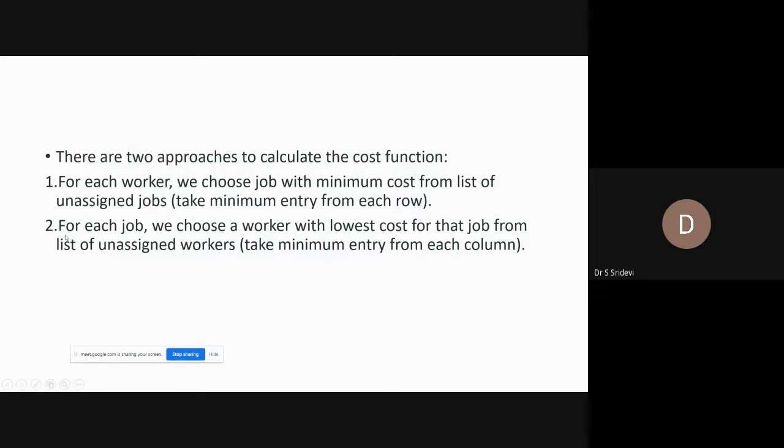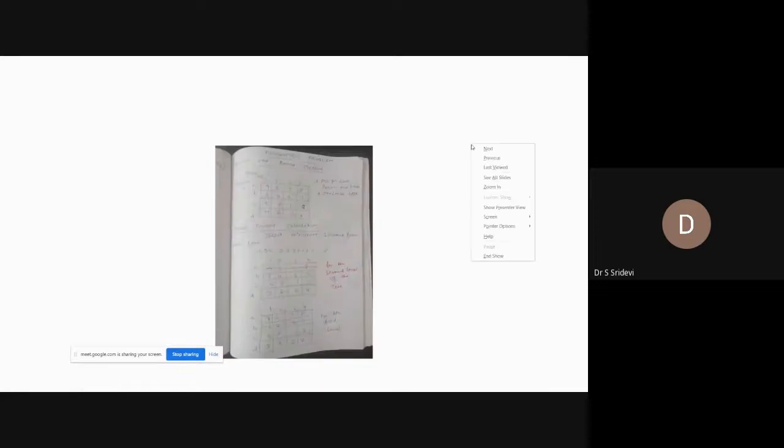With the second option, just the reverse, for each and every job you find the correct person. So the first one is row-wise selection, and the second approach is column-wise. But here we are going to use the first approach. So see the problem.